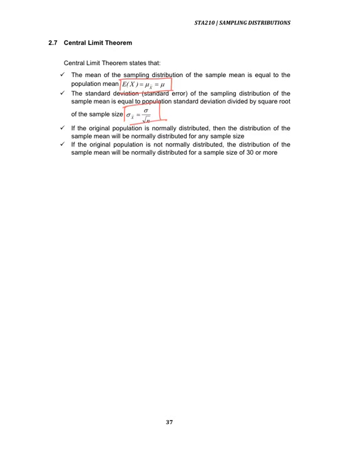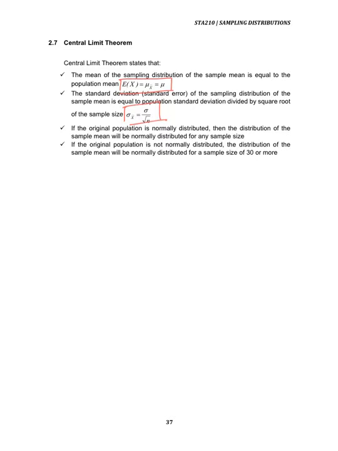Okay, if the original population is normally distributed, then the distribution of the sample mean will be normally distributed for any sample size. So if the parent population is normal, the samples we take from that population will also be normal. But the fourth, if the original population is not normal, the distribution of the sample mean will be normally distributed for a sample size of 30 or more.